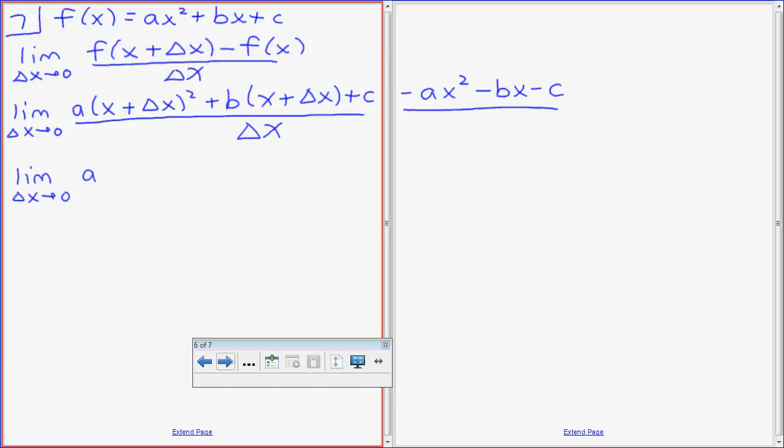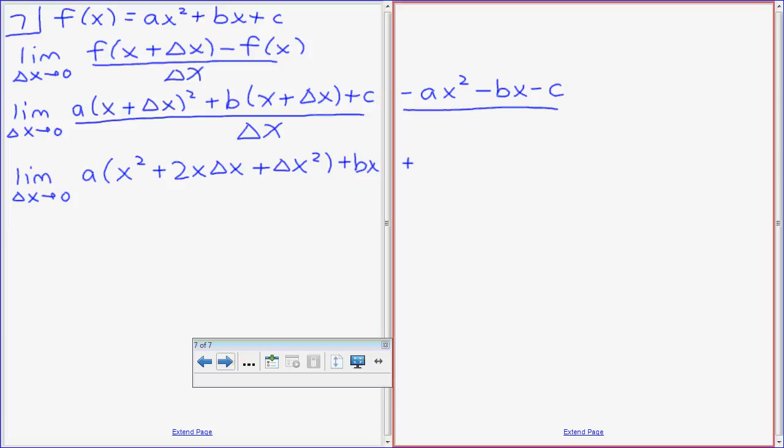Also, a isn't squared, a stays the same. So it's x squared plus 2x delta x plus delta x squared. I think that's what you said, but you had them moved around. Yeah, it is going to be a 2x. All right, I'll do the rest here. Plus bx plus b delta x plus c.